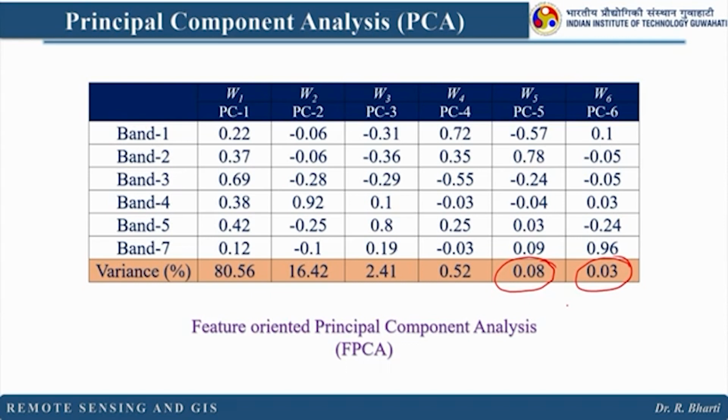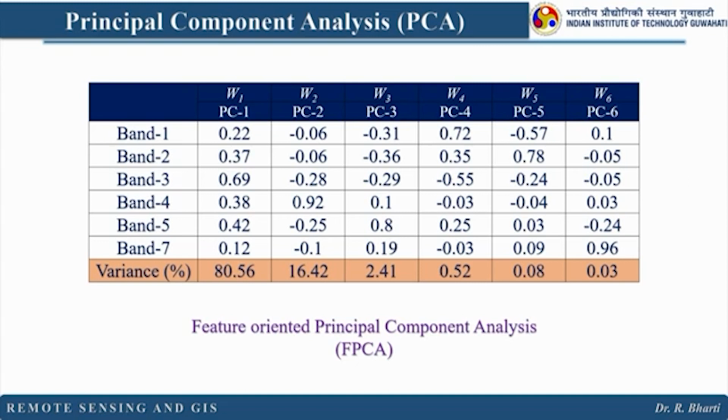Now there is a concept called feature oriented principal component analysis. Let us assume that you have a 7-band input, and my target X has a very good absorption feature in band 7.